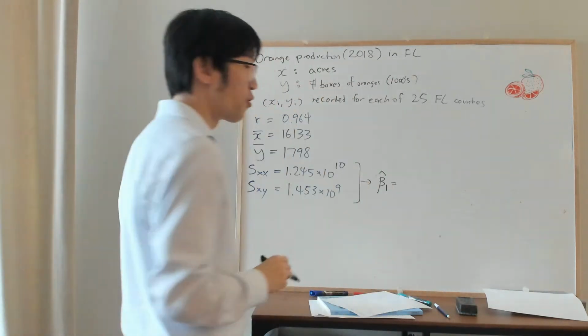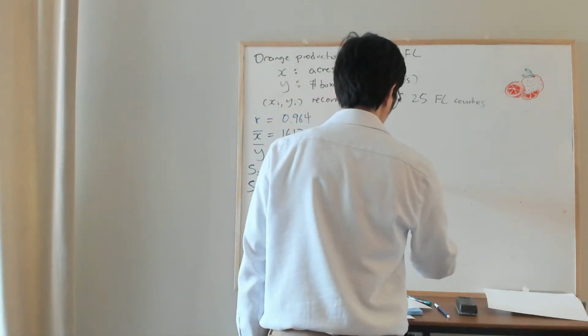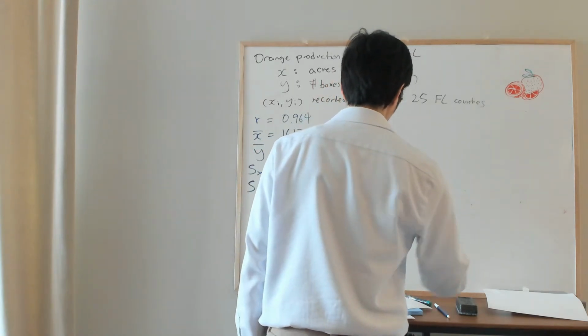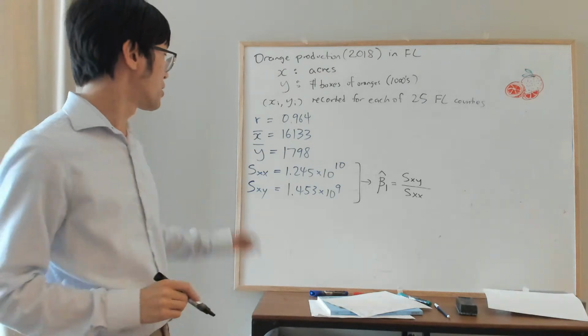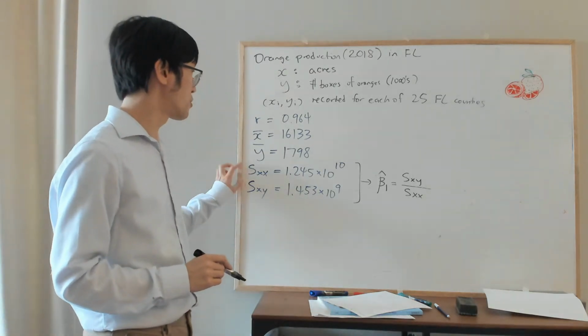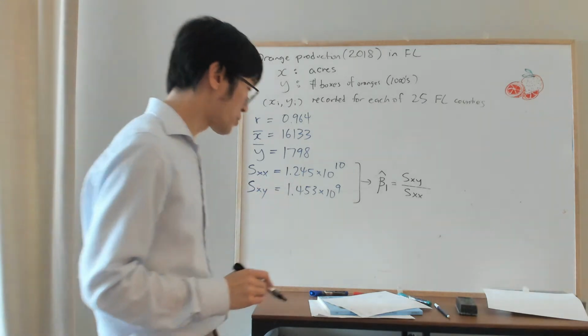In shorthand, the formula for beta 1 hat can be expressed as the sum of the xy cross term divided by the sum of squares x. So these two statistics give us the slope parameter, so divide s sub xy by the sum of squares x.